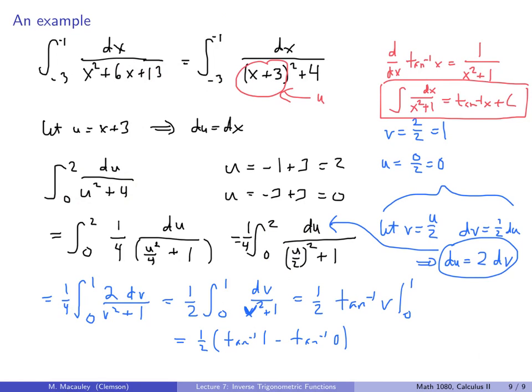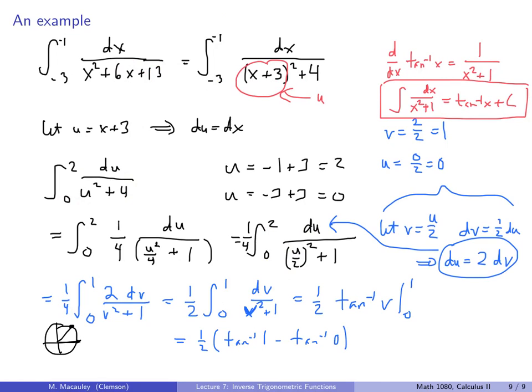We've got to be careful what this is. I still to this day like drawing the unit circle. Where is the tangent equal to 1? That's right there at pi over 4. And where is the tangent equal to 0? The tangent is equal to 0 right there.